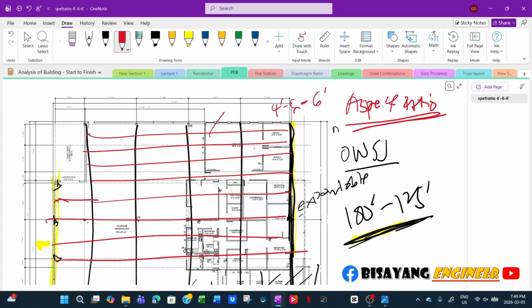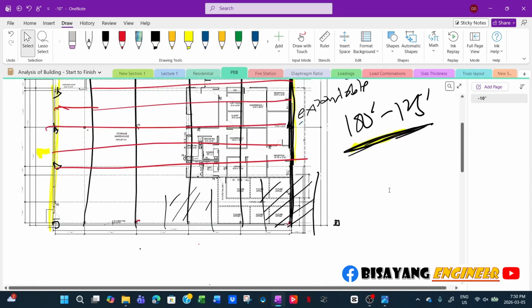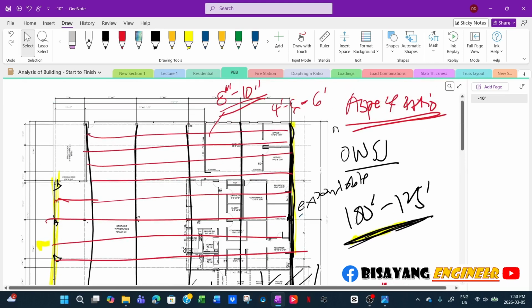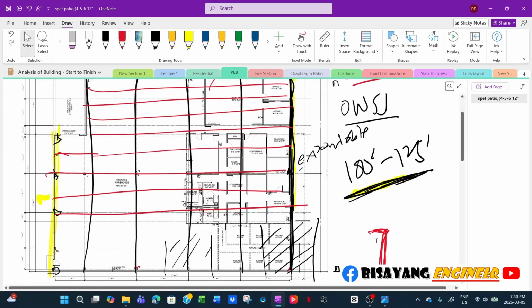And this is between 8 inches to 10 inches in depth, Z purlins. Nowadays, because of the energy requirements, most pre-engineered buildings are now 12 inches in depth. So that's 12 inches.